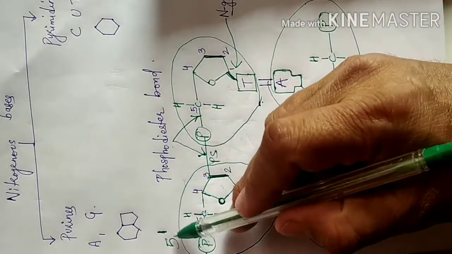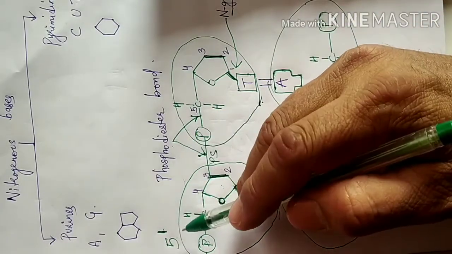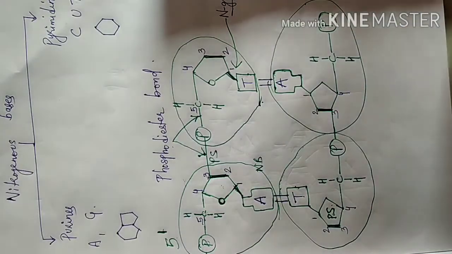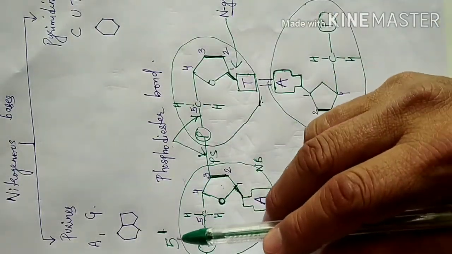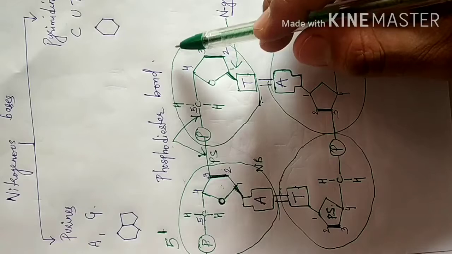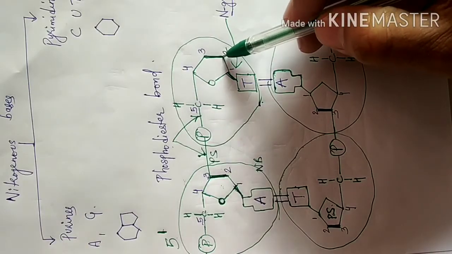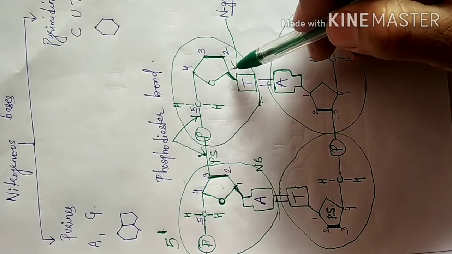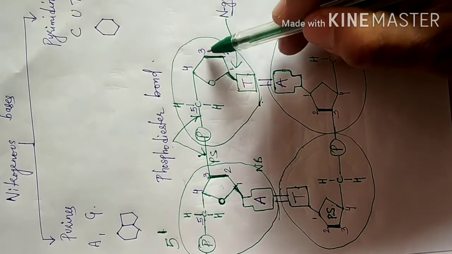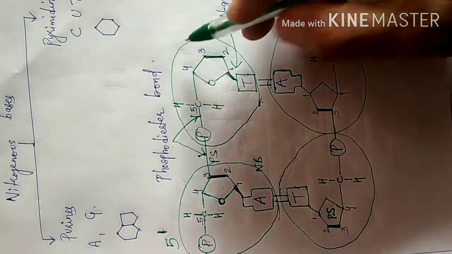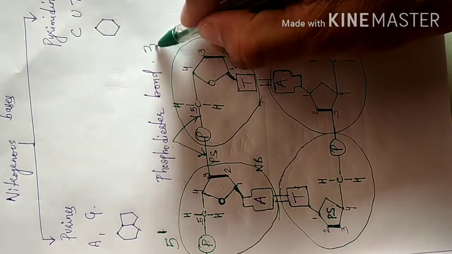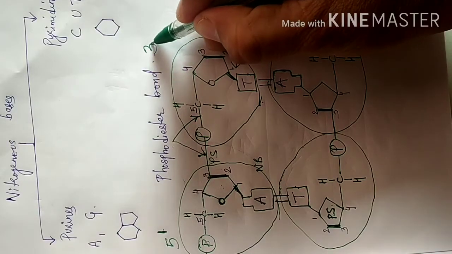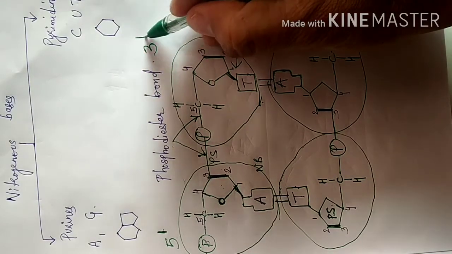Okay, so 5 prime direction. We are talking about the direction of this DNA helix. So left hand side is 5 prime. On the right hand side, we need to look again at the sugar molecule. 1, 2, 3. So extreme right, there is the presence of the third carbon. So therefore we write 3 prime.